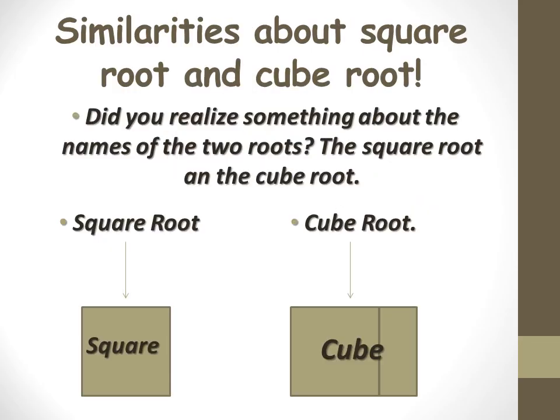Okay, now we realize a little trick. We realize similarities between square roots and cube roots. Did you realize something about the names of the two roots, the square root and the cube root? Square root, cube root. The square root looks like a square and the cube root looks like a cube.